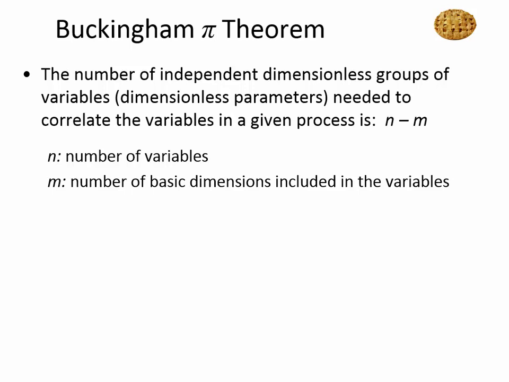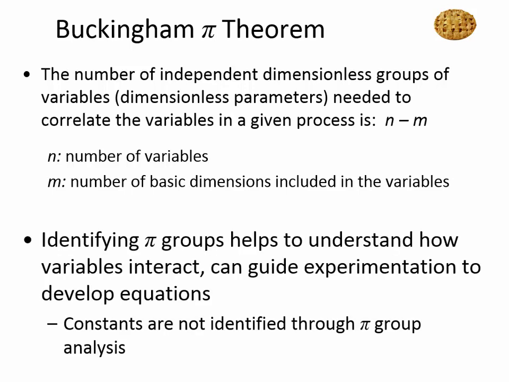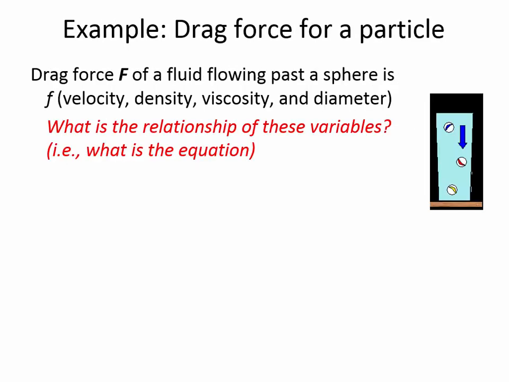And the Buckingham pi theorem is a way of combining lots of different variables together in order to generate these unitless quantities. If you identify pi groups, then that'll help you to know what the equation is that relates behavior together. So let me give you an example of spheres falling through a fluid. You do physical testing.